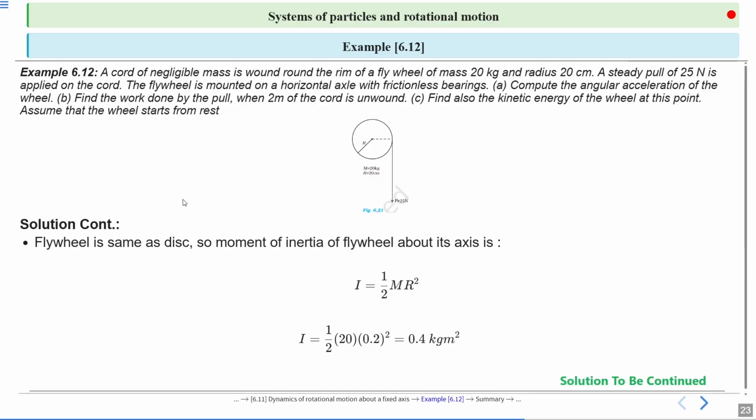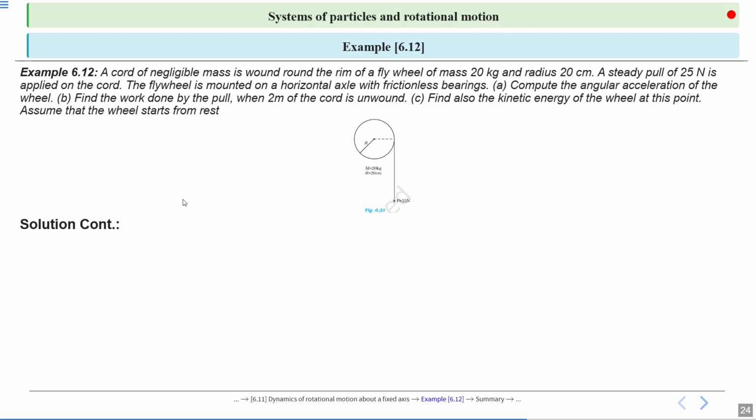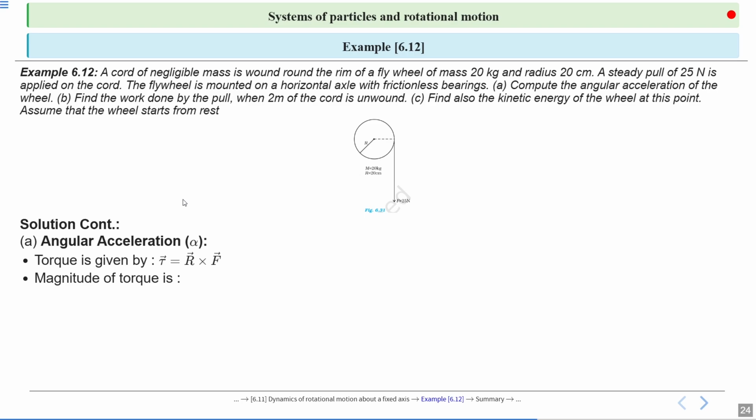Now, first we have to compute the angular acceleration of the wheel. For angular acceleration alpha, we know the formula of the torque, that is tau equal to r cross F. Here r is the radius and F is the force. Here we have to find the magnitude of the torque.